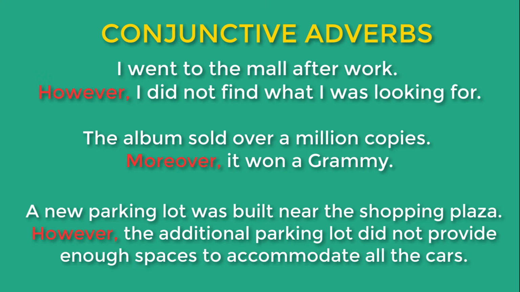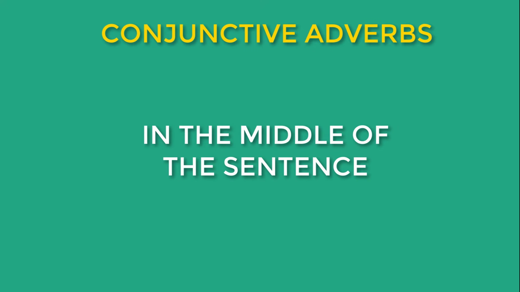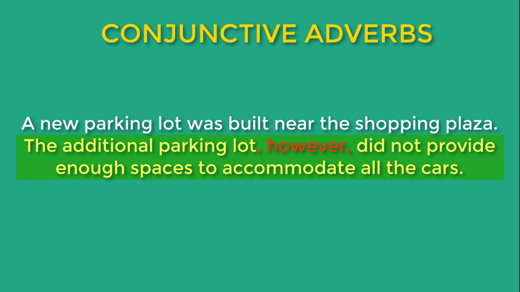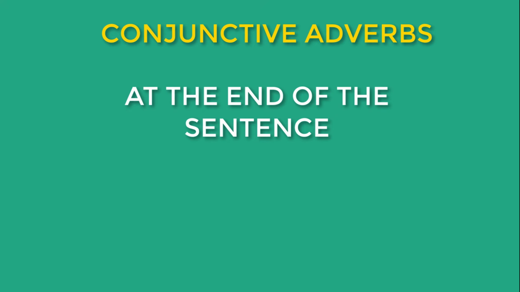Sometimes the conjunctive adverb interrupts the sentence, and you only need to set it off with commas. Let's look at this example. The additional parking lot, however, did not provide enough spaces to accommodate all the cars. Notice that in this example, however, is set off with commas. And when the conjunctive adverb appears at the end, it should be preceded by a comma.